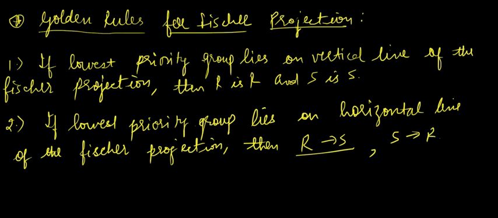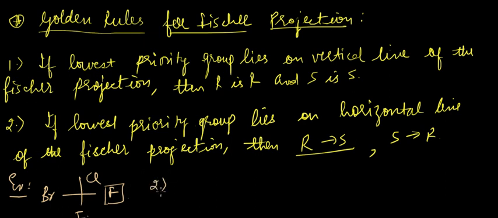Okay, so let us understand this with the help of an example. So suppose this is the Fischer projection we have, Br and I. So the lowest priority group in this is F. This is actually on a horizontal line.